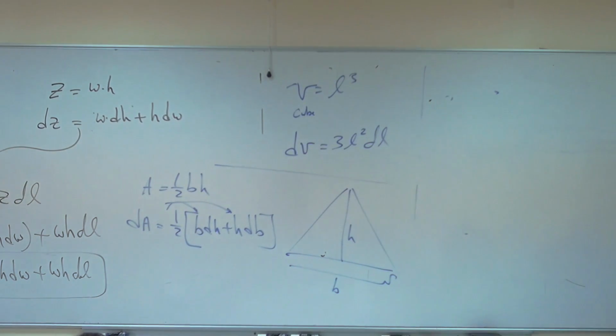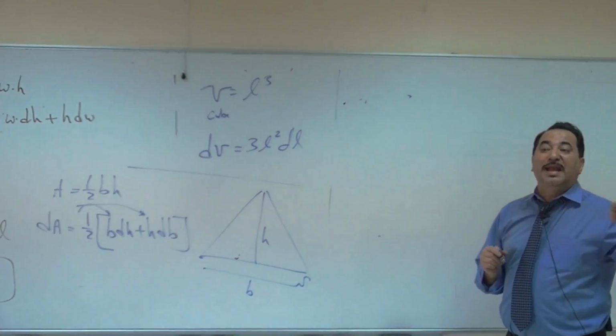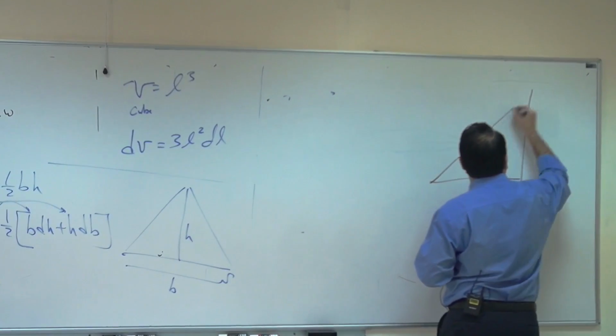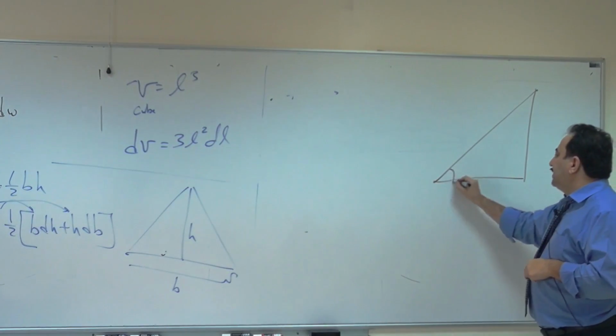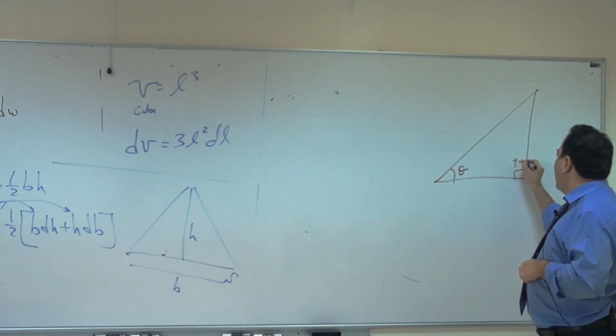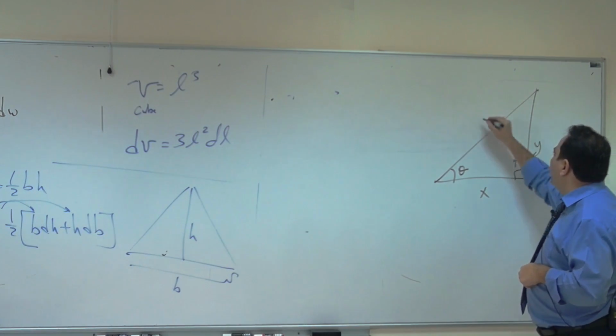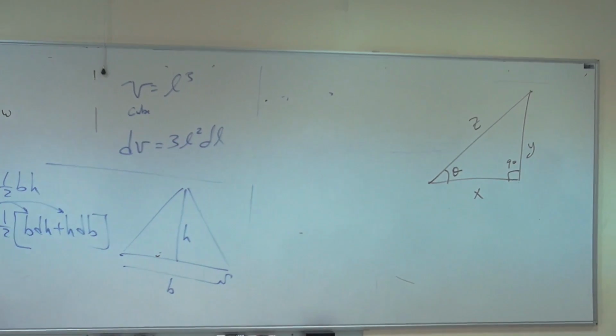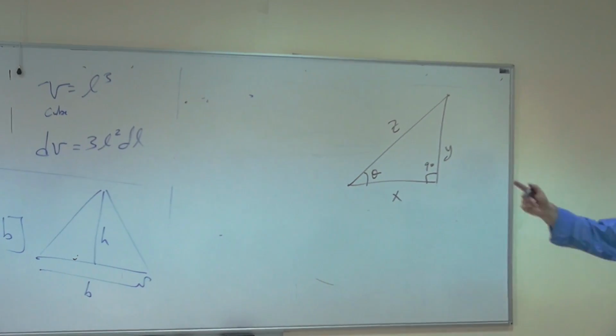One more. A triangle as well, but this time a right angle triangle. This is theta, 90. This is x, this is y, this is z. Now think of the formulas which you can give me about a right angle triangle.